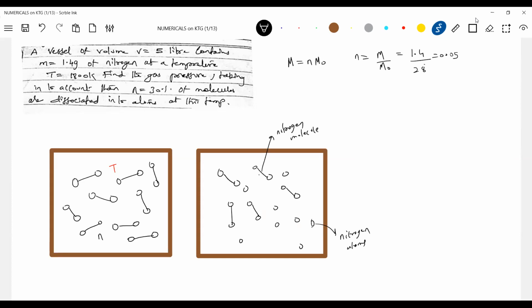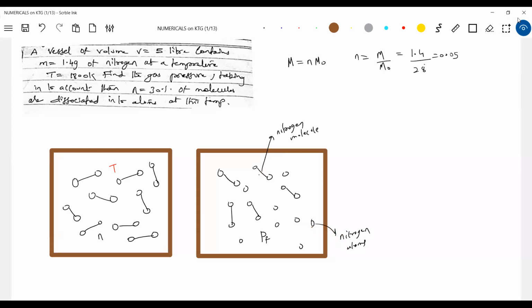So initially, let's directly get into this. What is the pressure? The final pressure is being asked. The pressure will be due to diatomic gas molecules colliding with the wall, and also nitrogen atoms colliding with the wall. Due to that, there is a pressure.